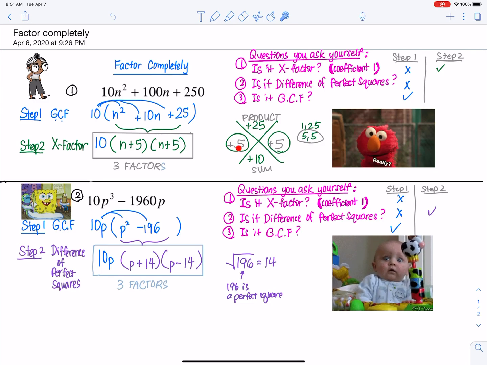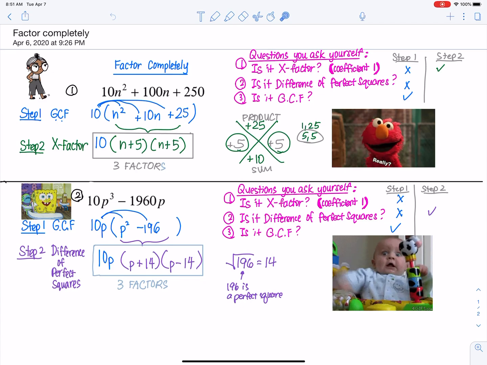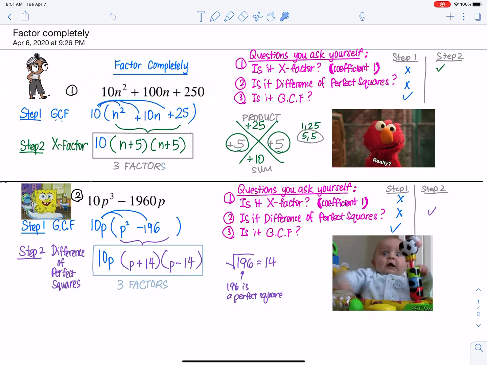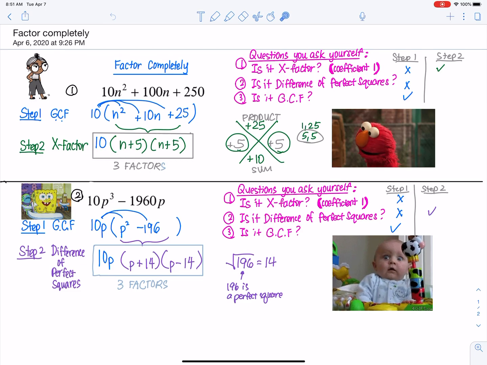So now we set up the factors. N times n is n squared. And then we got the plus 5 and the plus 5. So in this situation, when we needed to factor this quadratic expression or this polynomial, it ended up as 3 factors: the 10, the n plus 5, and the n plus 5.